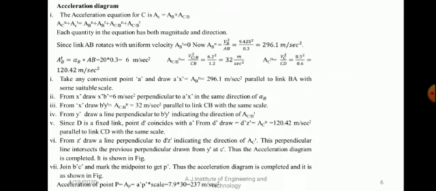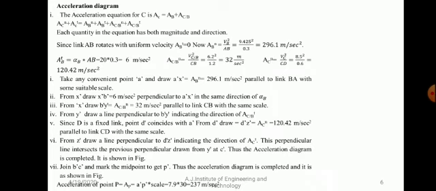Therefore, what are the known equation points here? a_AB you know, a_TB you know, a_NCB you know, a_NC you know, but we don't know a_TC. You don't know the magnitude, but we know the direction. a_TCB also we know the direction, but we don't know the magnitude.